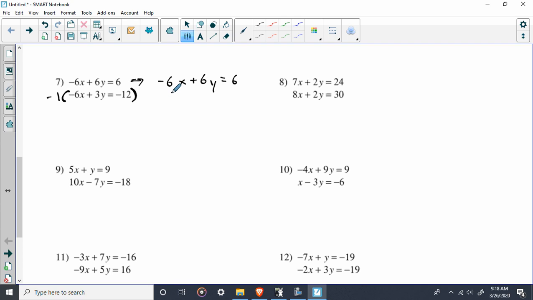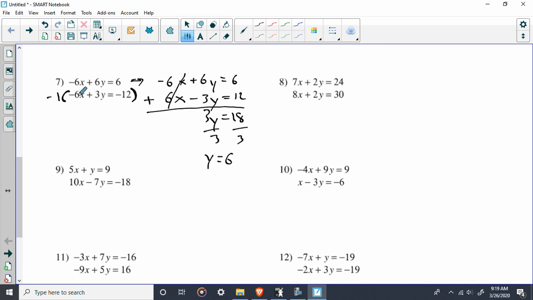If I multiplied it by -1, -1 times -6 is +6, -1 times +3 is -3, and -1 times -12 becomes +12. Well, now when we added these two things together, these canceled out, and we got something we could work with. 3y was equal to 18, and we figured out that y would be equal to 6.